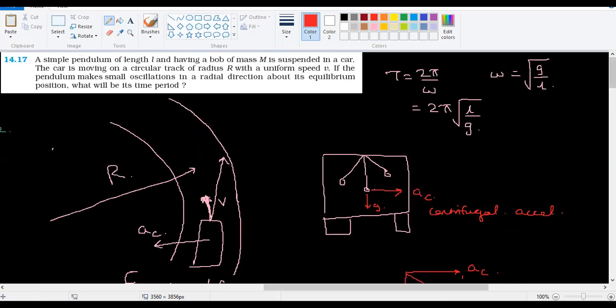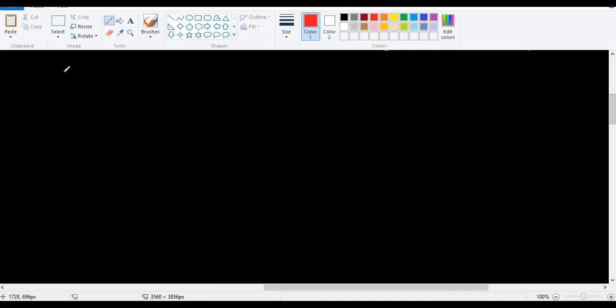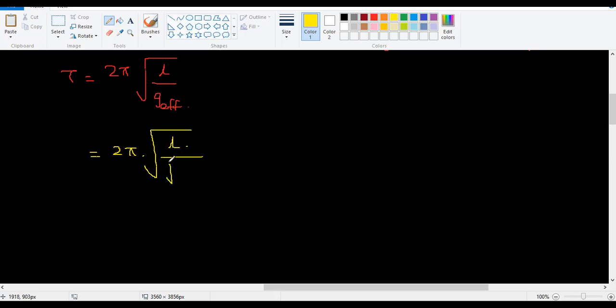So coming back to this formula, T is equal to 2 pi square root of L by G effective. Why G effective? Earlier we had only G, now you have a G effective. So you should take the effective gravitation. G effective is nothing but AC squared plus G squared, or G squared plus AC squared.